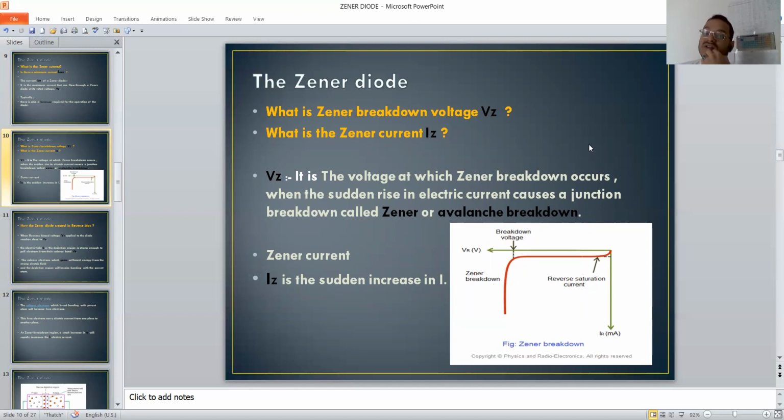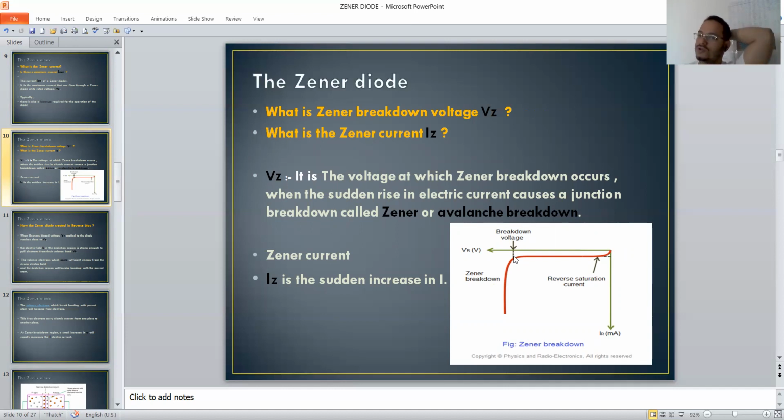What is the Zener breakdown voltage? What is the Zener current? Again, the breakdown voltage is the voltage at which Zener breakdown occurs, when a sudden rise in electric current occurs at a junction. Let us use this image to illustrate. Here, the leaking current or saturation current starts from zero and stays nearly the same, near zero but not zero, until the breakdown voltage.